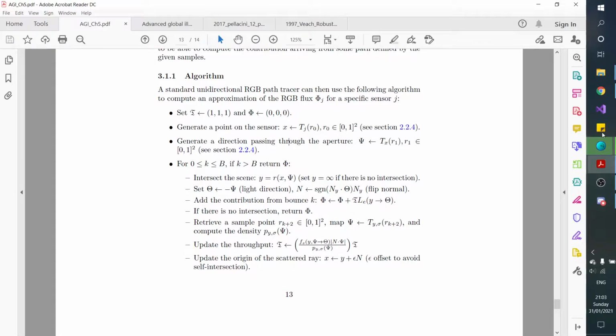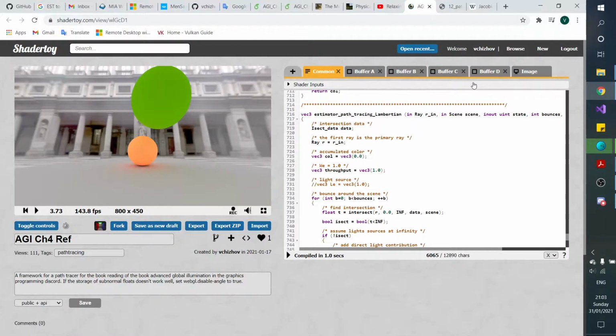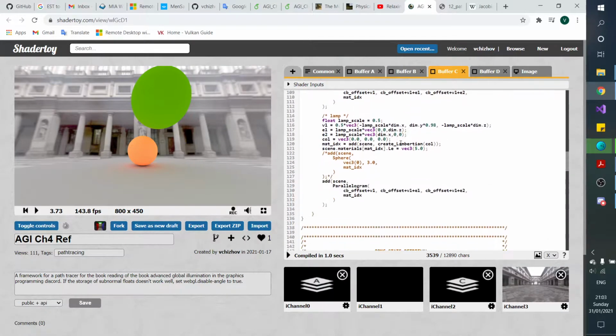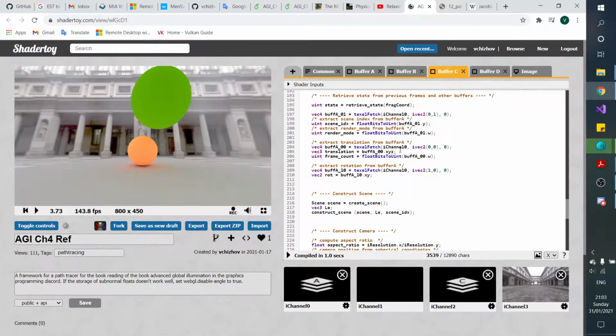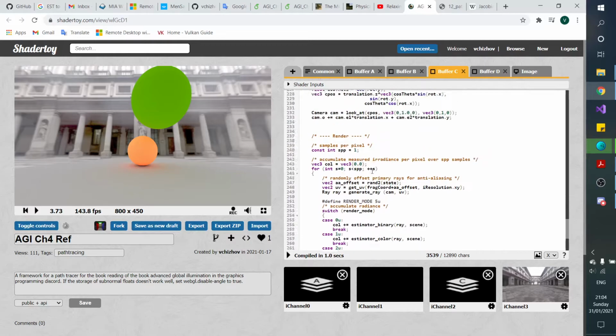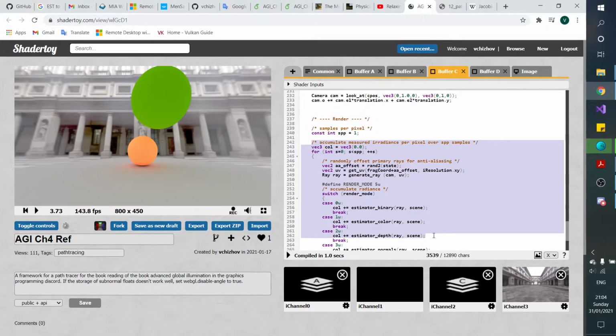We'll see what the transformation is up in the theory. But at the very least in the code that you see here, if you go to buffer C, at the very beginning you have a loop where you accumulate samples, and here you generate the random number that I talked about. You add it to your screen coordinates to get some other coordinates, and then you generate a ray that passes through this.